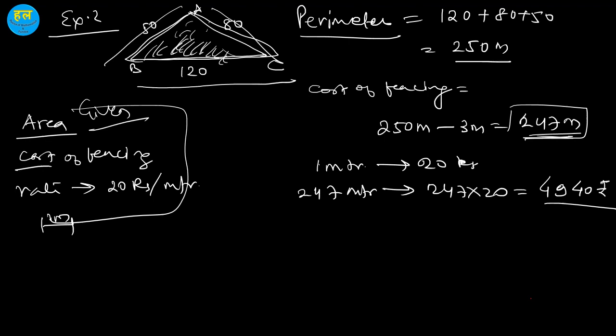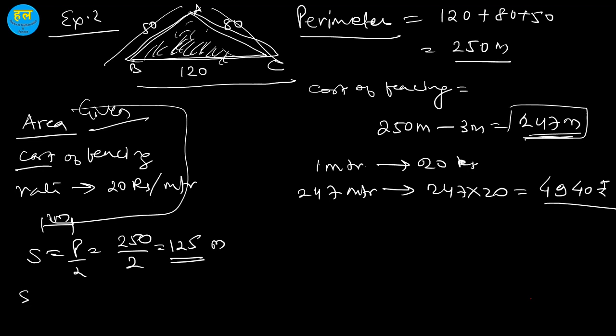Next part is we have to find the area where he has to put the grass. For this, what we want is S. S is P by 2. That means 250 divided by 2, that means 125 meter.